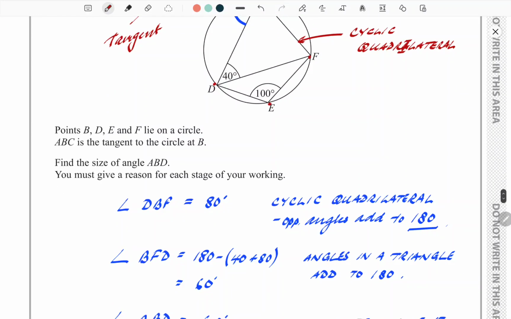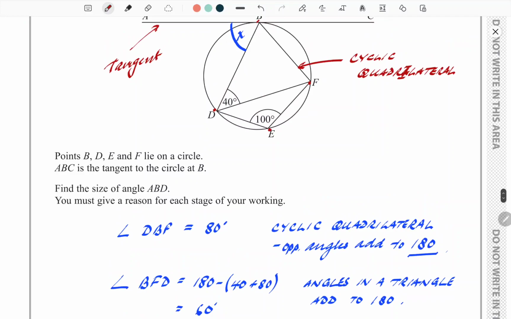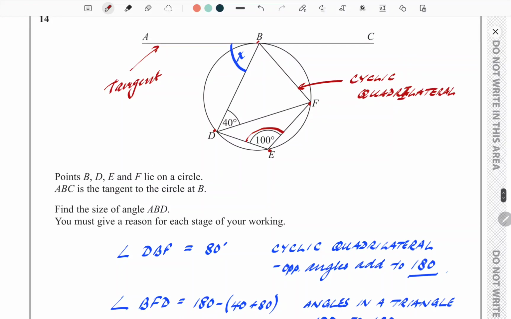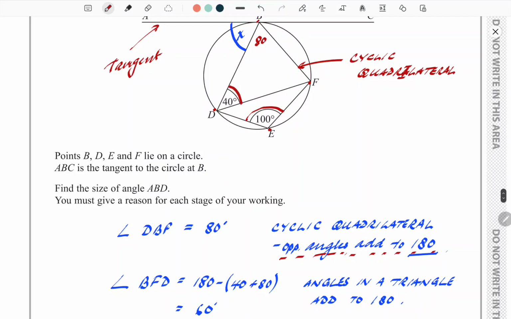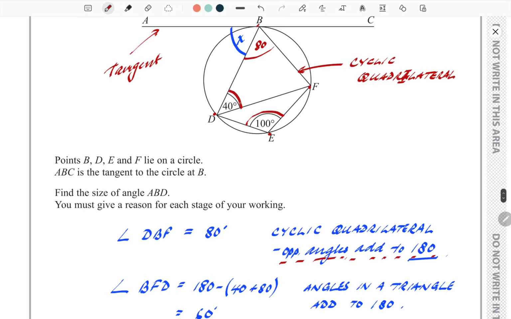In this case, we're going to start off using the cyclic quadrilateral. If we know that this angle here is 100, then the opposite angle must be 80, because cyclic quadrilaterals have this property where opposite angles add up to 180. Second thing we do: if we know that this is 40 and that's 80, then add them up, 120, and angles in a triangle must add up to 180.